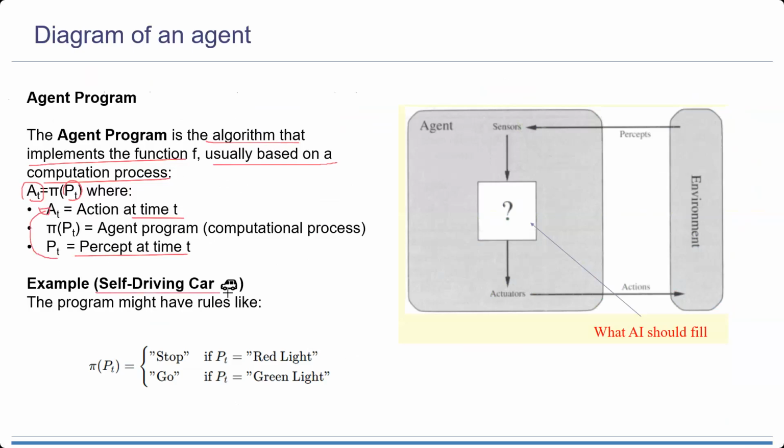For example, in the self-driving car, the program might have rules like this: if the percept at time t is red light, stop. If the percept at time t is green light, go. So this is a simple agent program.